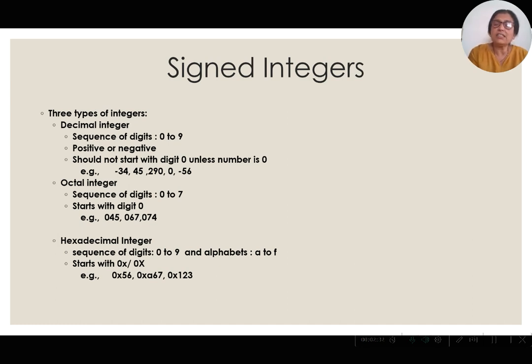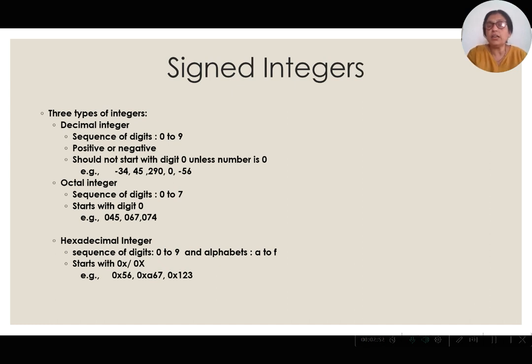The third one is hexadecimal integer. The base is 16. The digits are 0 to 15. That's why it takes only 0 to 9 as digits, and for the rest, 10 to 15, it is assigned the alphabets A to F, either in capital letters or in small letters.